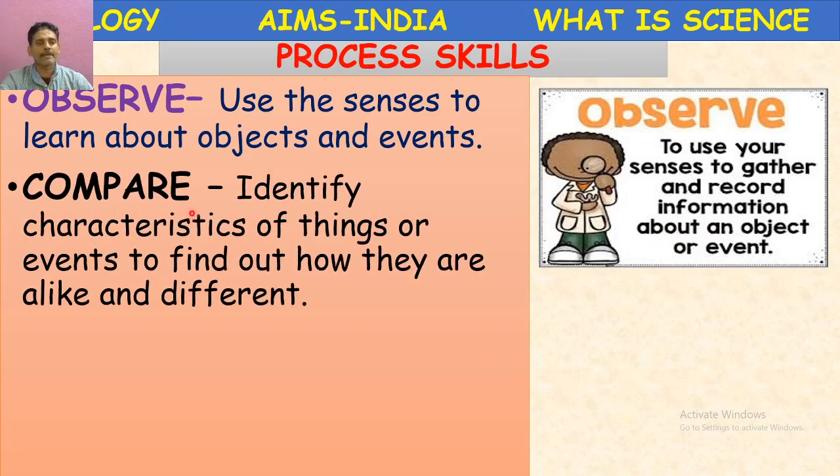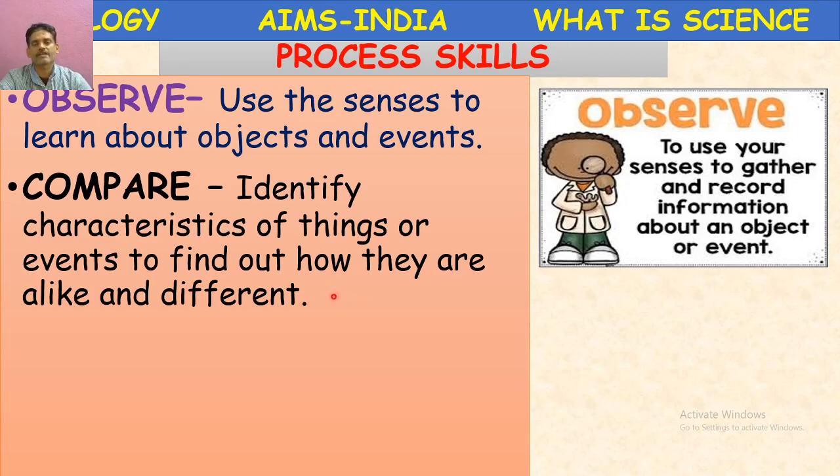Next, compare. Another important process skill. Identify characteristics of things or events to find out how they are alike and different. You will know the difference only when you compare. In some location you have observed something.